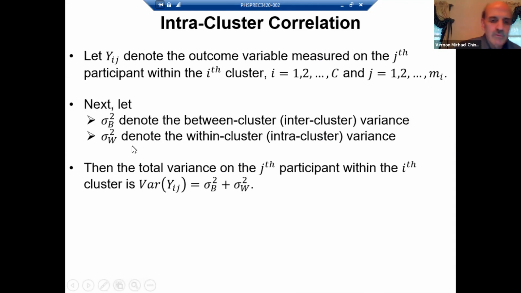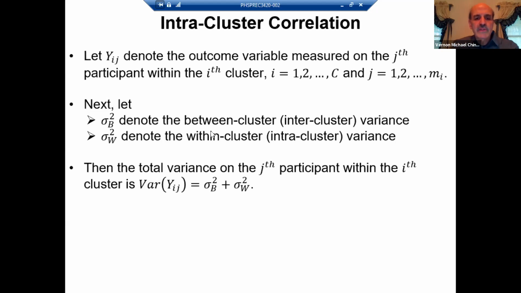Sigma w squared will denote the within cluster variance. So how do the individuals within a cluster vary from one person to the next? So we have two sources of variability in a cluster randomized trial, and we need to consider both of those sources when we're doing our analysis.